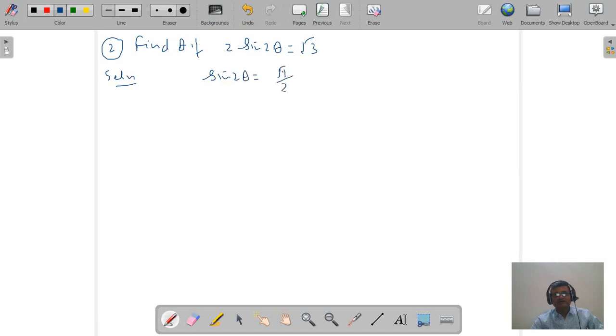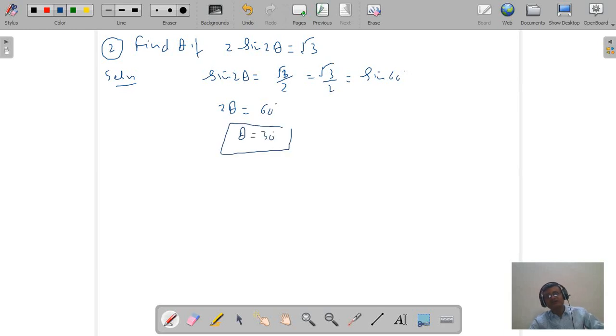Root 3 by 2. This root 3 by 2 is basically sine 60 degree. So we can equate 2 theta equals 60 degree, so theta is going to be 30 degree. So in this way we can find out the value of theta.